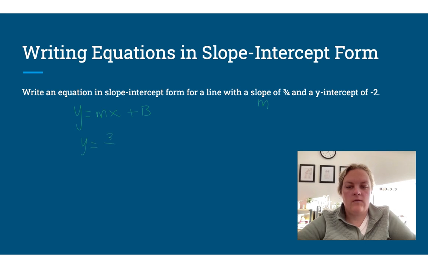Y equals 3/4 x plus b. b is the y-intercept, and that's -2. So we want to either do one of two things. We can put them in parentheses like this, y equals 3/4 x plus in parentheses -2. To simplify, we would write minus 2. They are equivalent and mean the same thing.